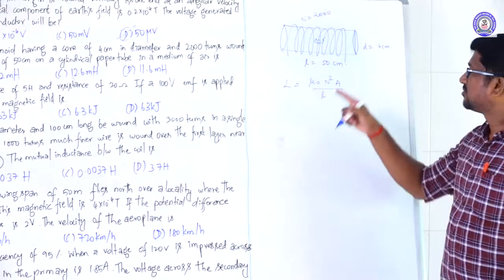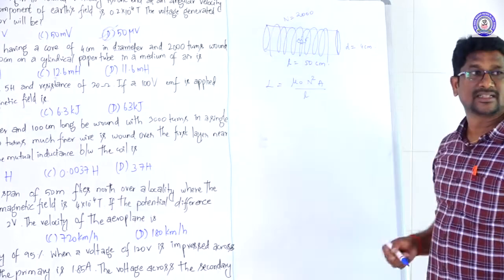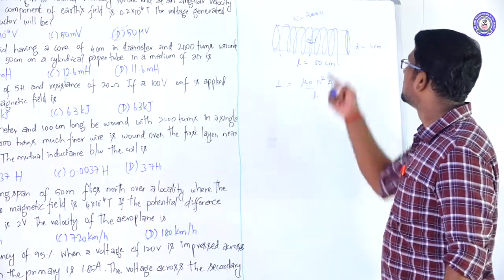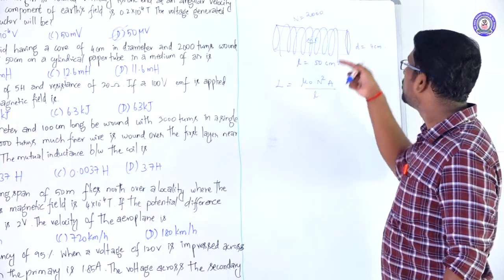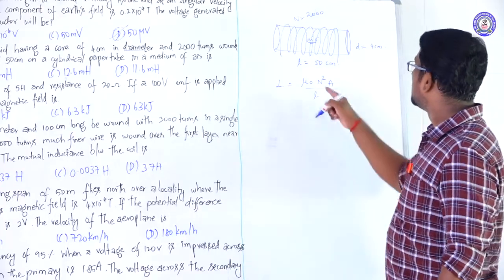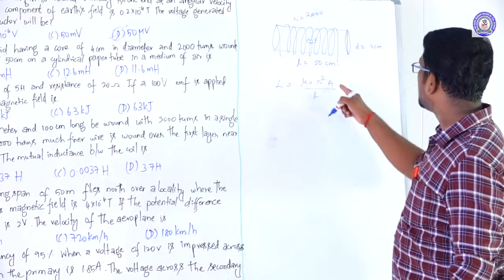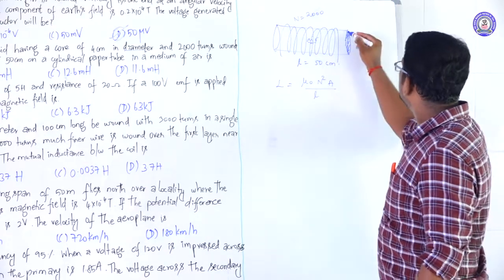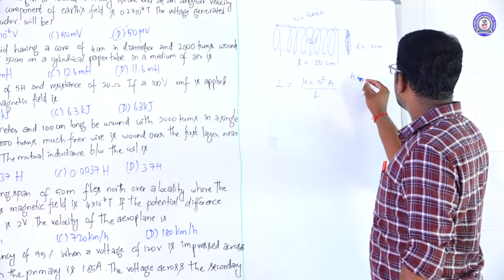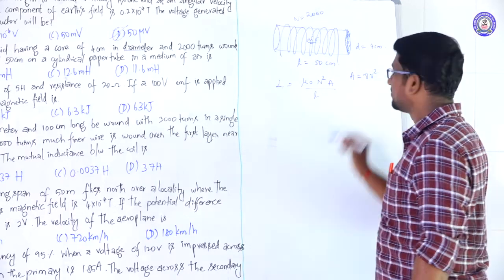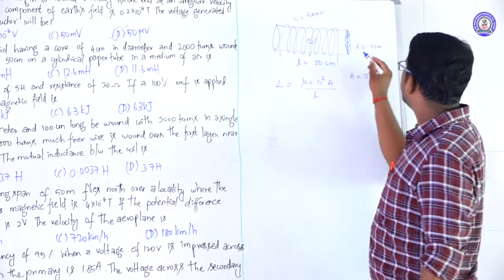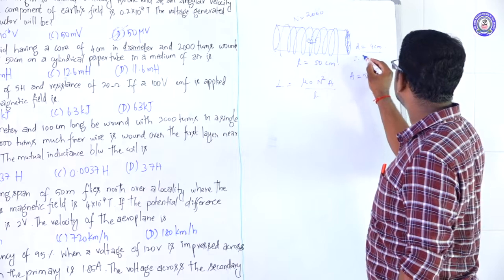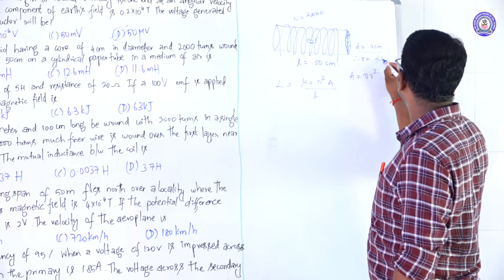Capital L is the self-inductance of the solenoid, small l is the length of the solenoid, mu naught is the permeability of free space, because the medium inside the tube is air, N is the total number of turns in the solenoid, and A is the area of cross section of the solenoid. This is a circular area of cross section, therefore A can be written as pi r square. Here the diameter of the cylindrical paper tube is 4 cm, so the radius is 2 cm.